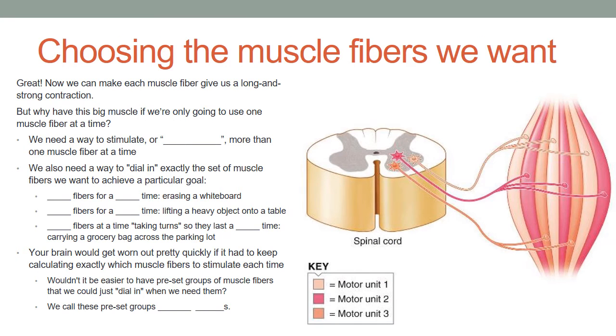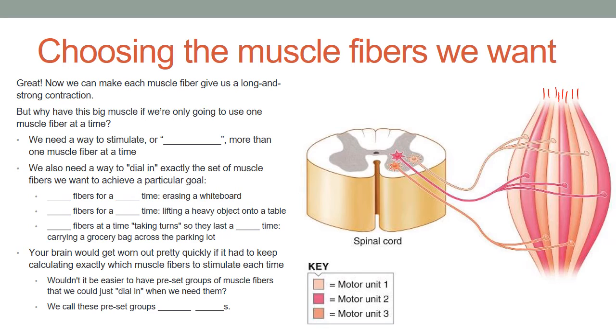Okay, so now we can make each muscle fiber give us a long and strong contraction. But why have this big muscle full of lots of muscle fibers? You know, we've got 1, 2, 3, 4, 5, 6, 7, 8 muscle fibers in this tiny little muscle over here. Most muscles have hundreds or thousands of muscle fibers.